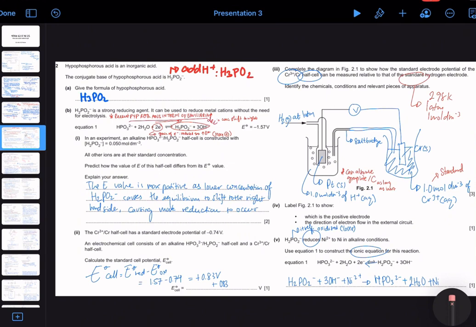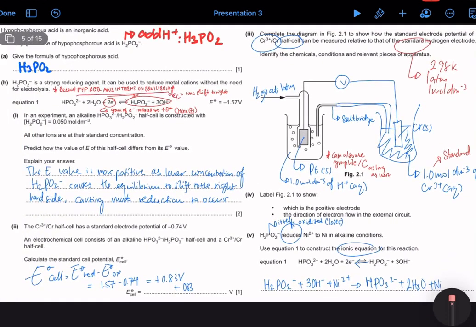Complete the diagram in figure 2.1 to show how the standard electrode potential of the Cr3+/Cr half cell can be measured relative to the standard hydrogen electrode. Identify the chemicals, conditions, and relevant pieces of apparatus. The standard conditions would be 1.0 mol per dm3 of H+, because we're using the standard hydrogen electrode.